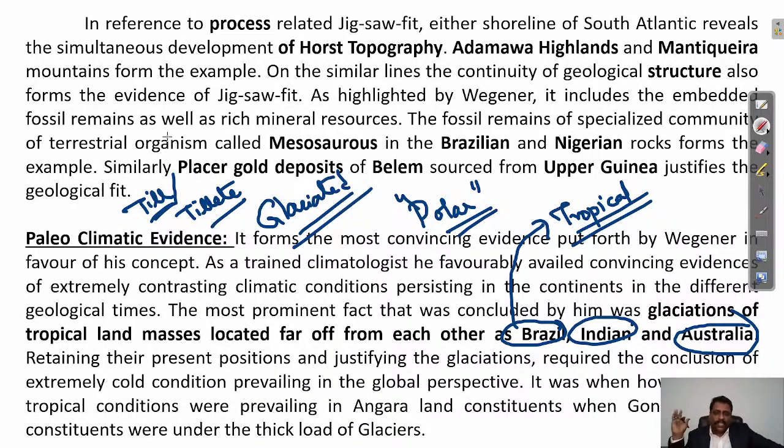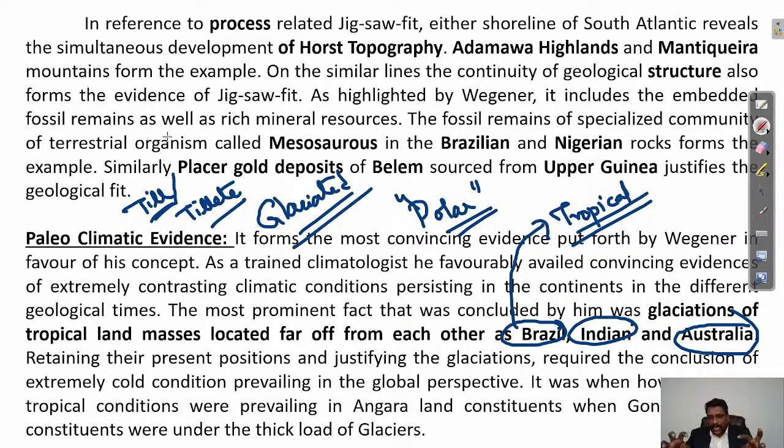Even assuming the tropical region is glaciated, what is very interesting is that when India, Australia, and Brazil were experiencing glaciated conditions, at the same time today's Siberia, part of Russia, was experiencing tropical-like conditions. Today India, Australia, and Brazil experience tropical conditions and Siberia experiences polar-like conditions, but in the geological past, at a similar time, exactly the opposite.